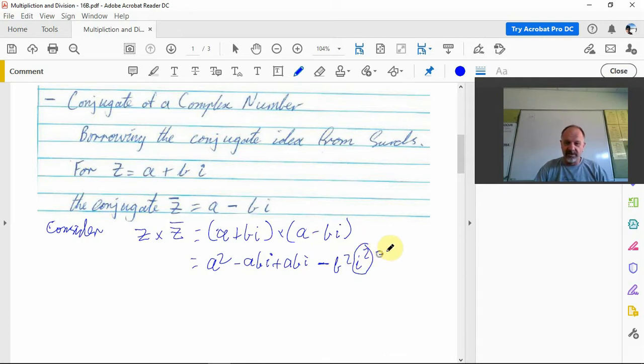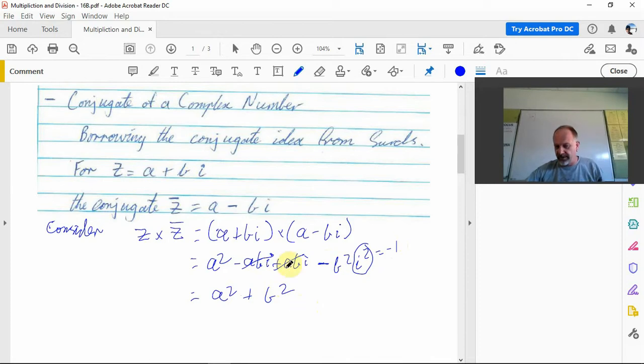Of course, i squared is negative 1. So we've got a squared, minus abi plus abi, so they cancel each other, and that negative and negative is a plus, so plus b squared.